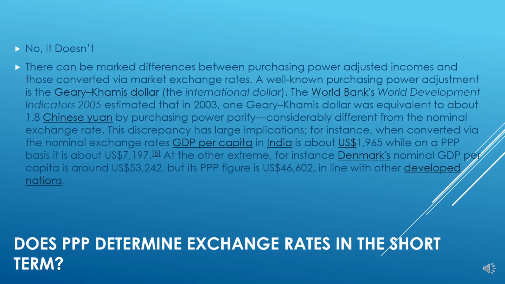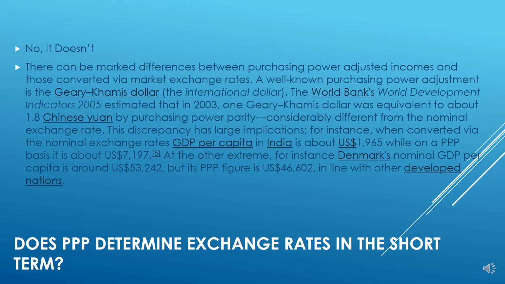The World Development Indicators 2005 estimated that in 2003, one Geary-Khamis dollar was equivalent to about 1.8 Chinese yuan by purchasing power parity, considerably different from the nominal exchange rate.